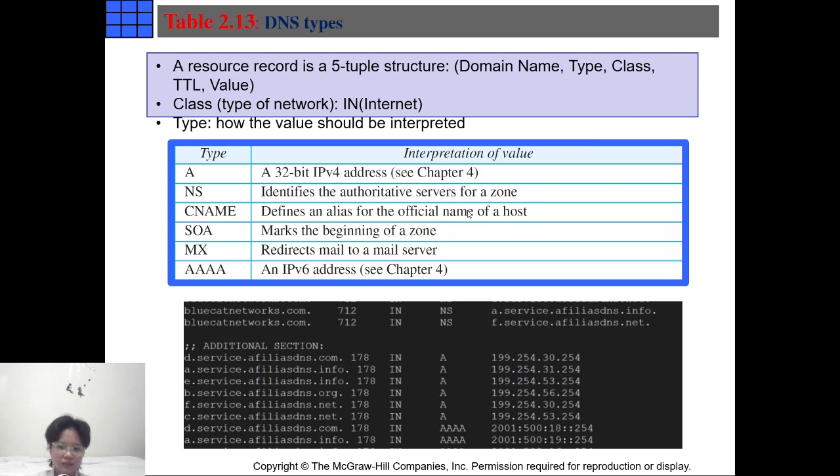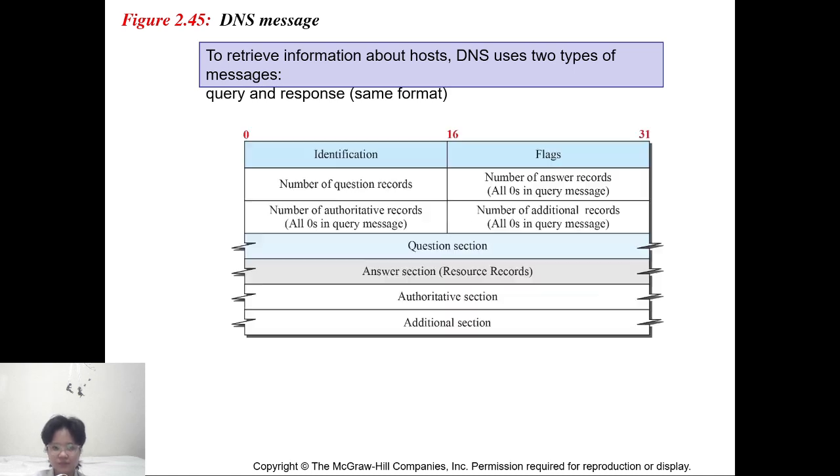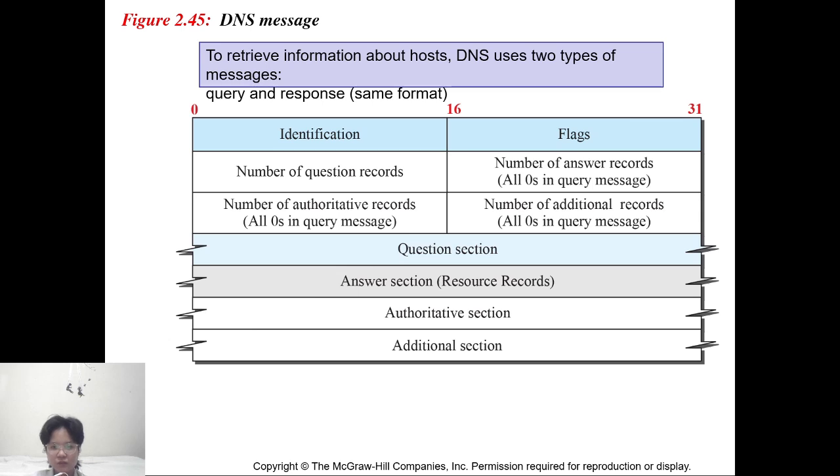Have a type and interpretation of value, such as a 32-bit IPv4 address, see chapter 3. NS identifies the authoritative server for the zone. Picture 2.45 is DNS message. To receive information about a host, DNS uses two types of message: query and response, same format.